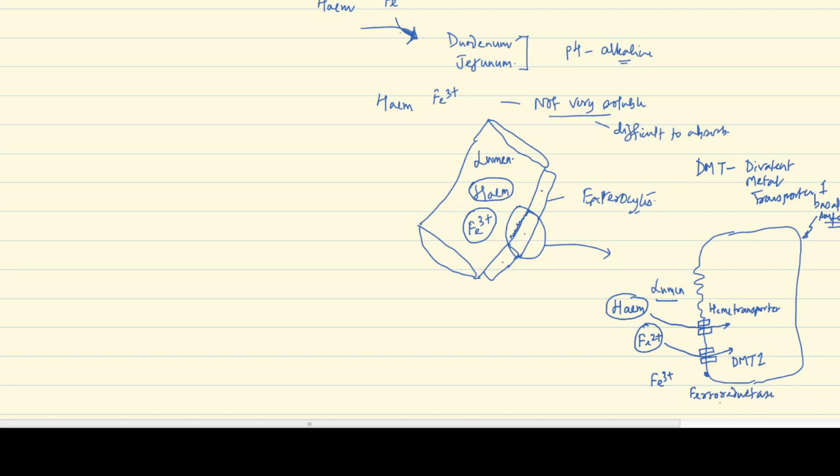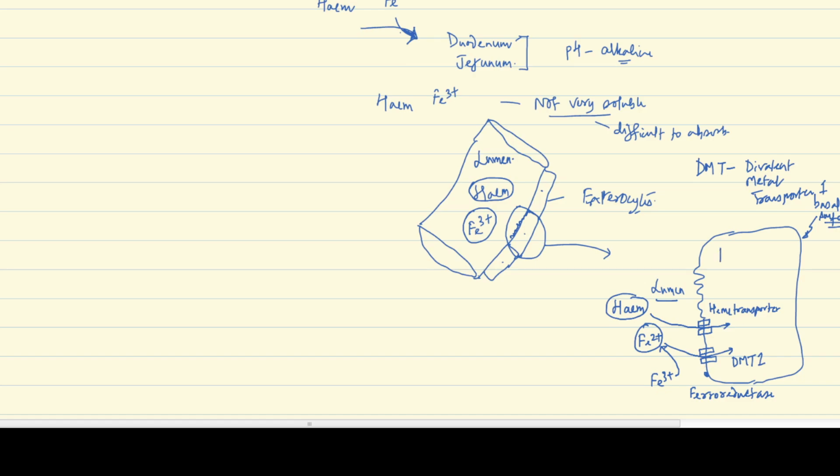Why is it called a ferroreductase? Because it reduces Fe3 plus to Fe2. And this resides on the surface of the enterocyte.